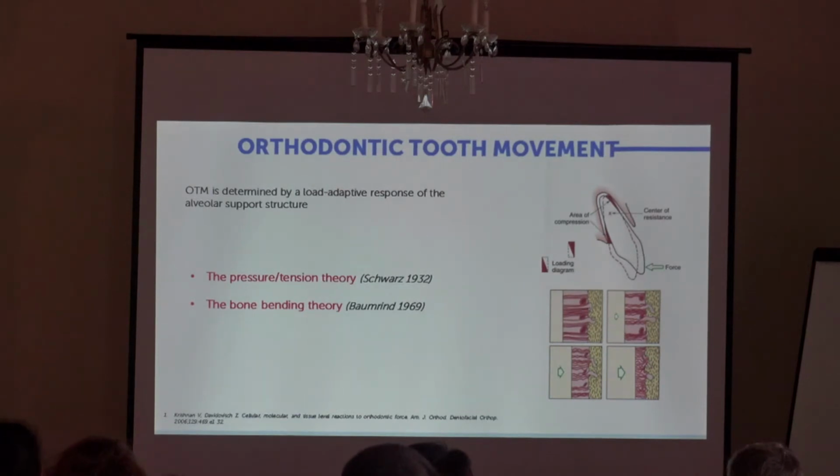Then this theory was further developed by Bomrind, who said that maybe it's not the compression or the tension of the PDL, but rather the bending of the alveolar bone under the load of the orthodontic forces.